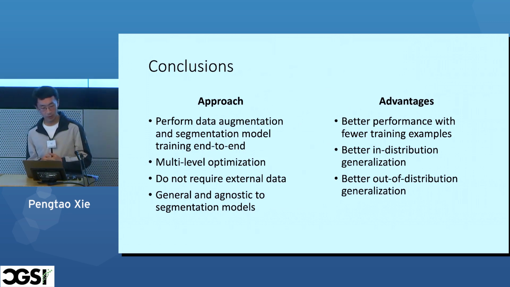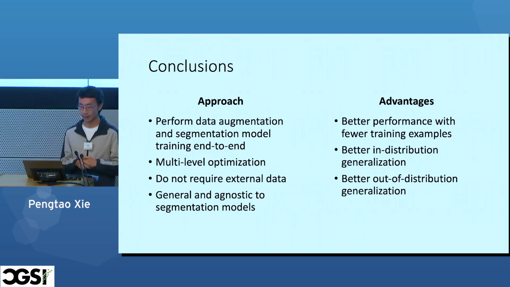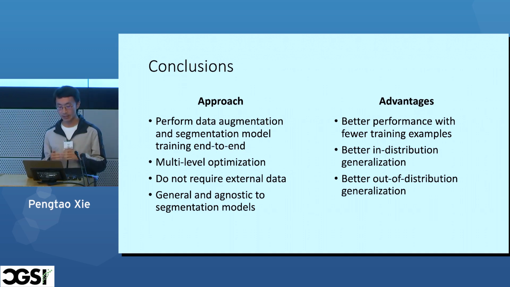So to conclude, we propose a general framework which conducts data augmentation and semantic segmentation end-to-end. To achieve this goal, we build a multi-level optimization-based framework. The advantage of our method is it does not require any external unlabeled data, and it is a general framework that can be applied to improve different semantic segmentation models.